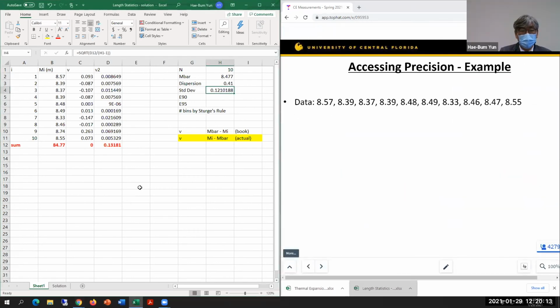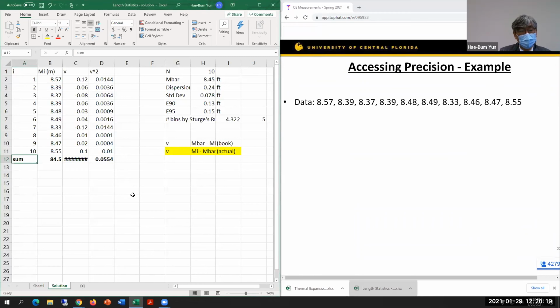All right, so I will show you the answer, and then that will be all for today. E90 can be calculated as 1.6449 times standard deviation.